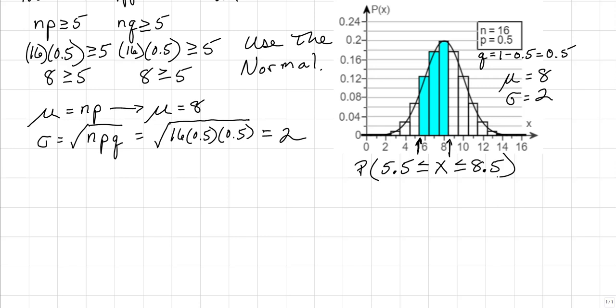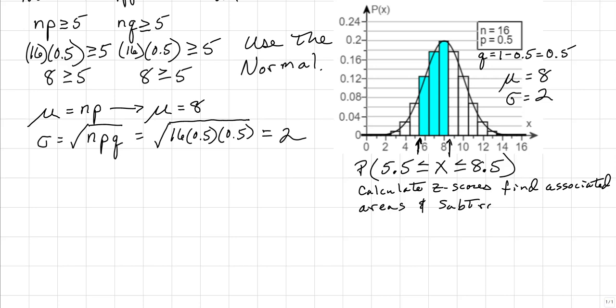Once again, I can go ahead and use the binomial. I can calculate z-scores, find associated areas, and subtract the smaller from the larger.